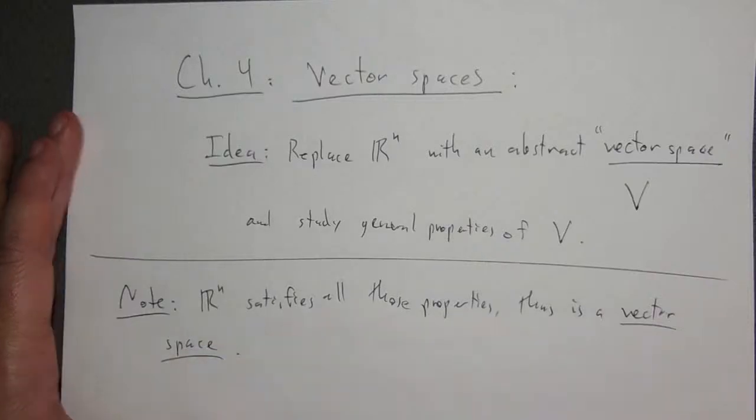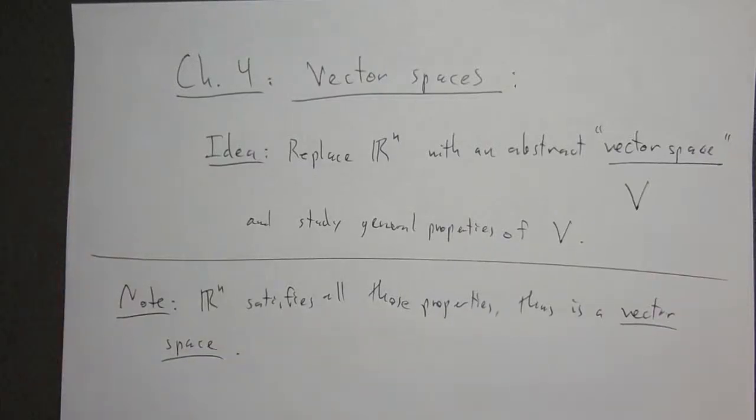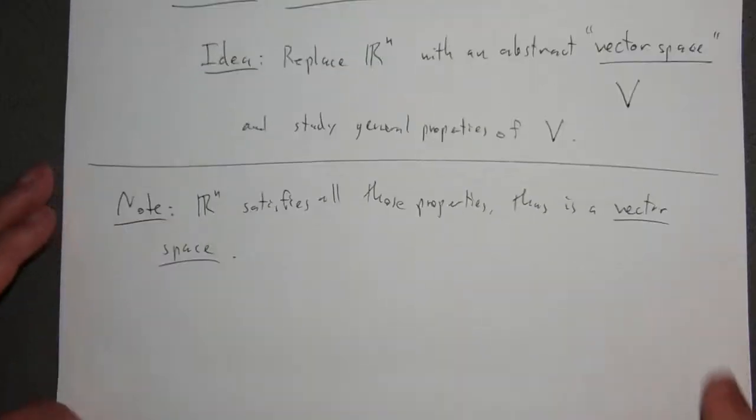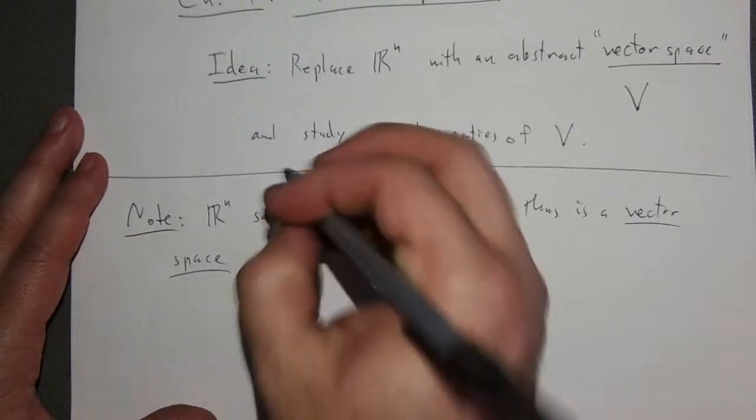So it's an example of a vector space. But there are other examples of vector spaces. So let's look at another example.